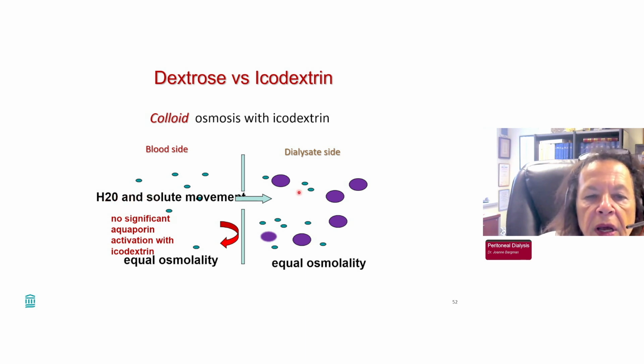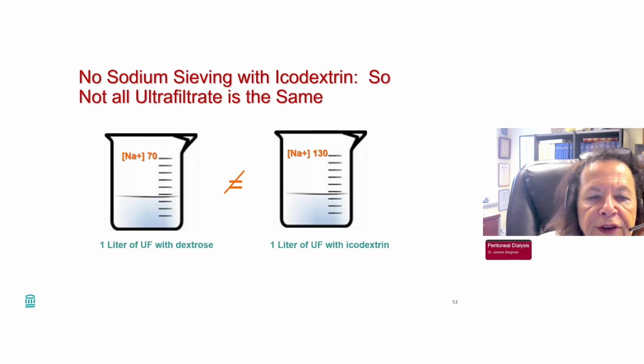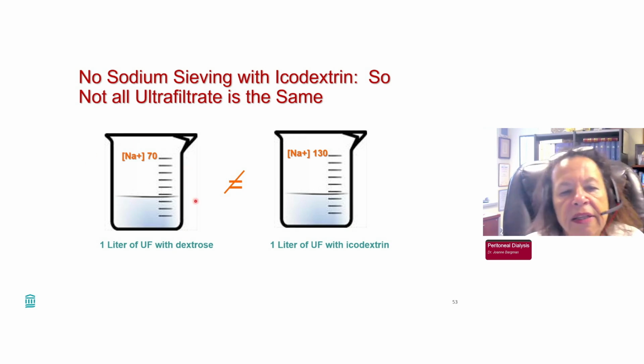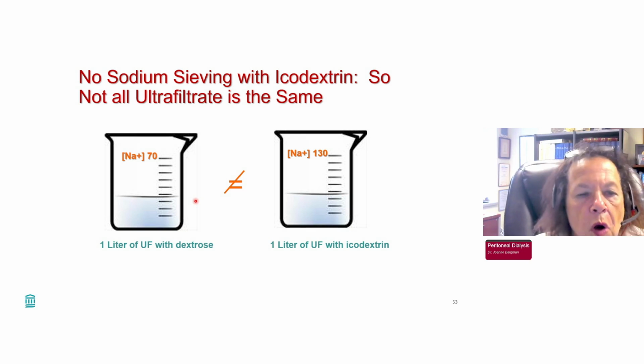And the reason why this is important is that if you look at a liter of ultrafiltration with dextrose, half of that is pure water through the aquaporins. So you'll end up with a liter of ultrafiltration that is kind of like half normal saline. It's half water and half isonatric, so that the sodium concentration will be about half normal.